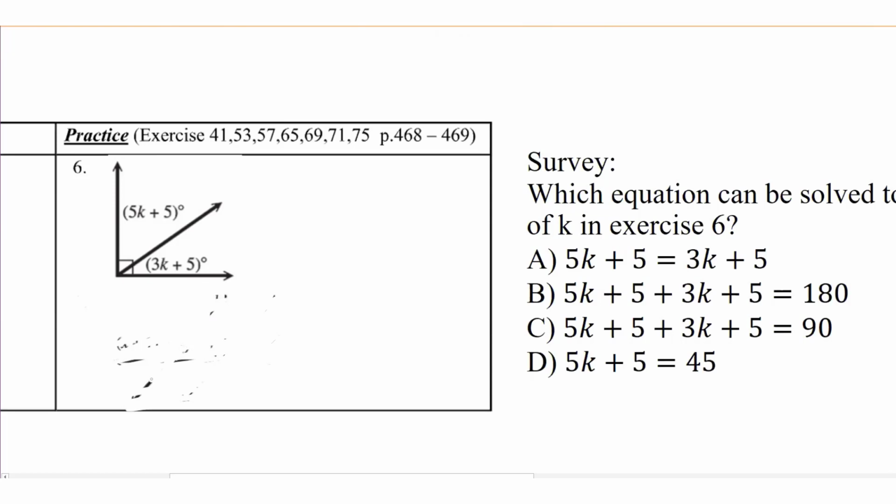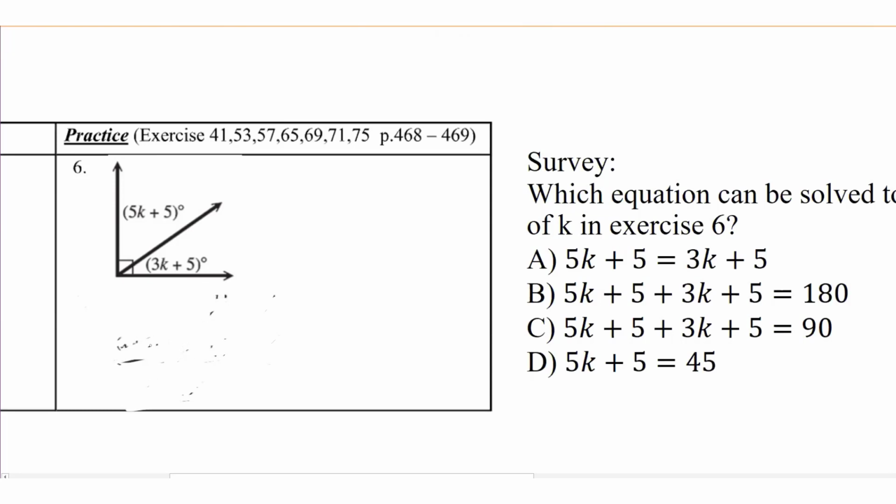Okay, so let's scroll down now, and we're going to do item number 6, the diagram on the left there. For this diagram, the survey is going to be which equation can be solved to find the value of k in exercise number 6. So all you need to do is select the right equation.